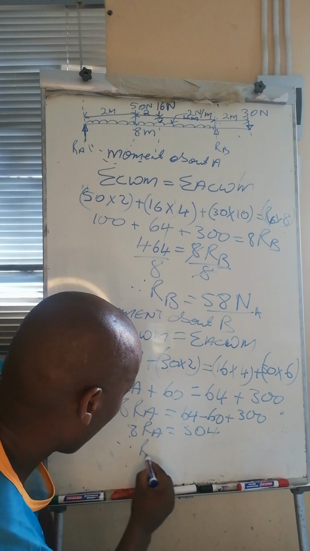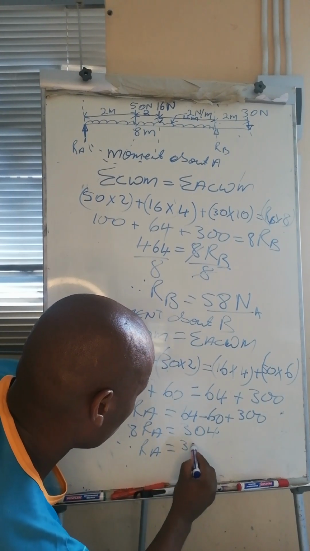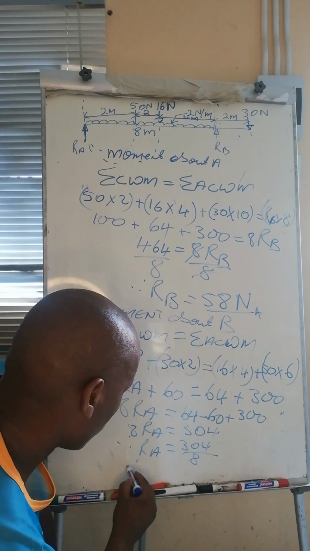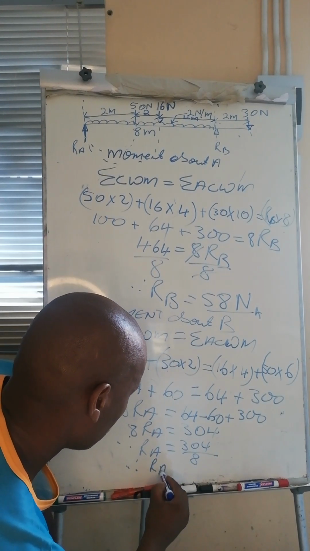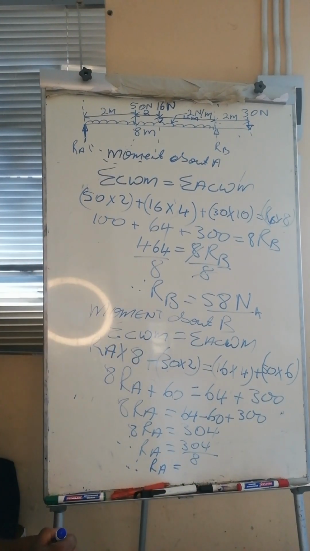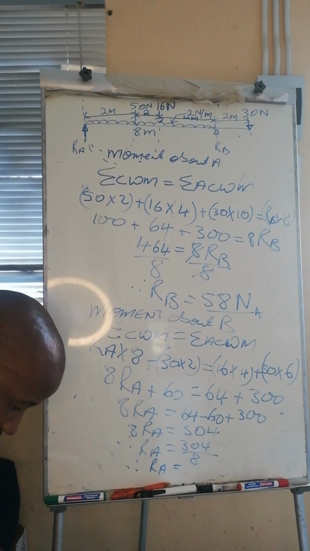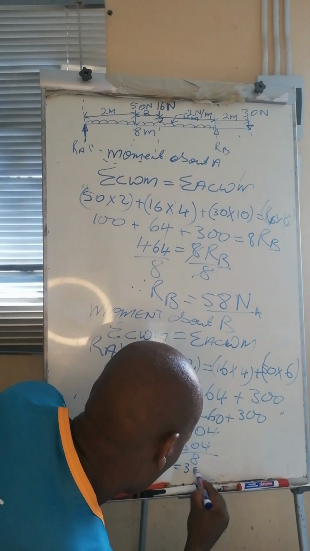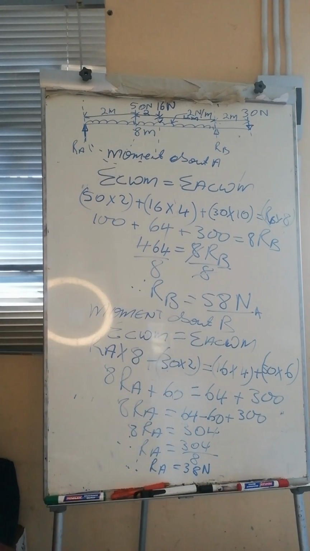Therefore, RA is equal to 304 divided by 8. Let's check: 304 divided by 8 is equal to 38 Newton.